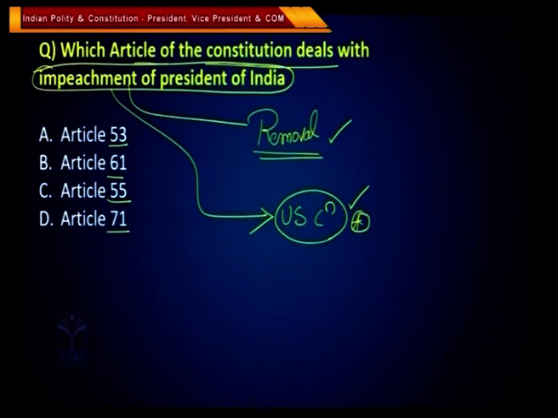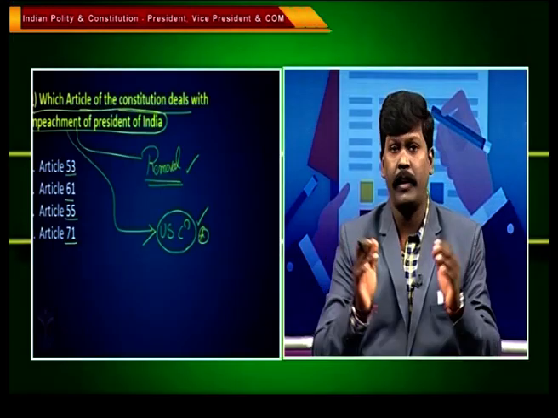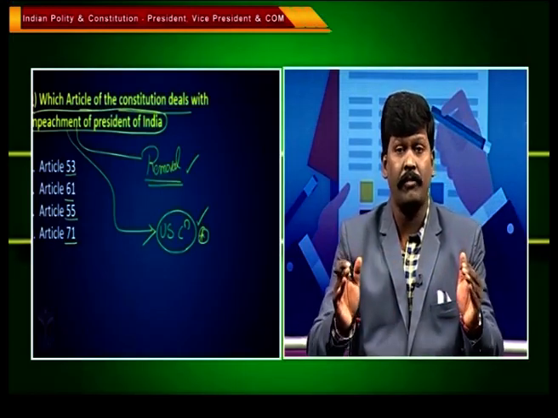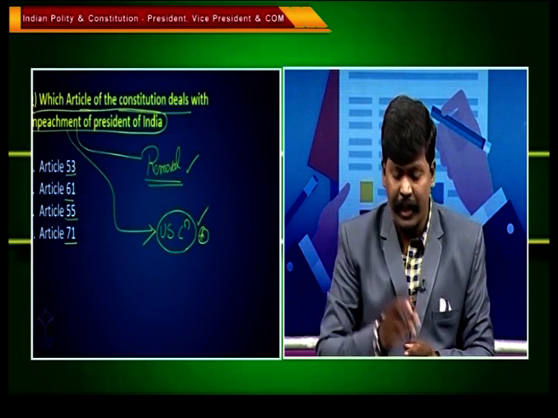Let us decode one by one. What is Article 53? Article 53 says the President is the executive head of the government, meaning every business of the government of India shall be taken under the name of the President of India.